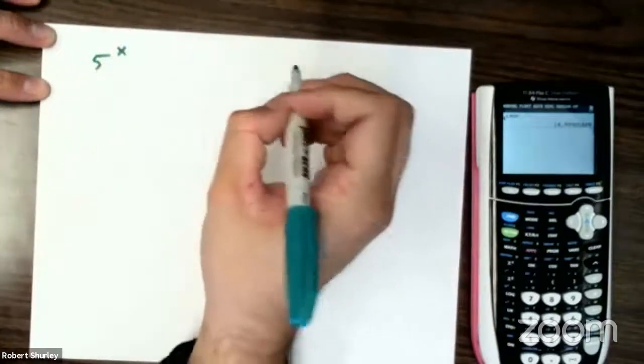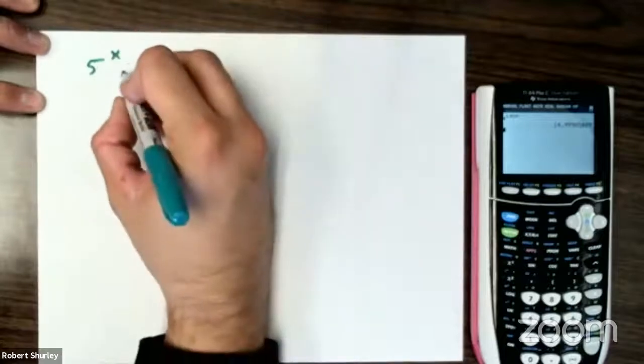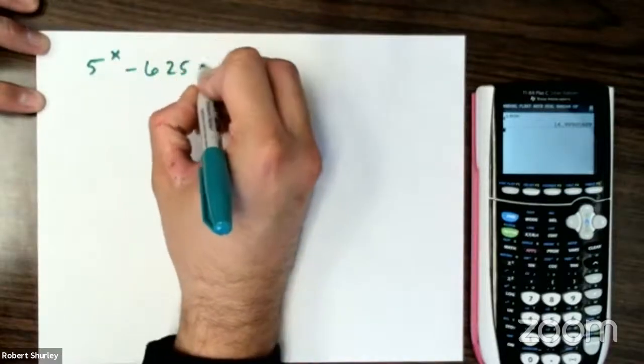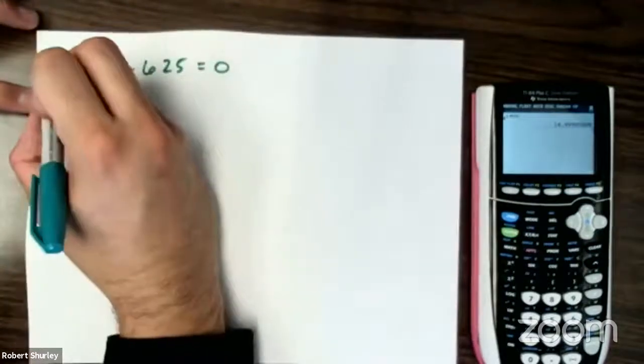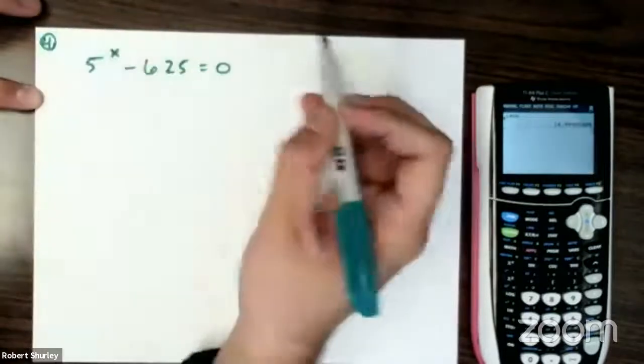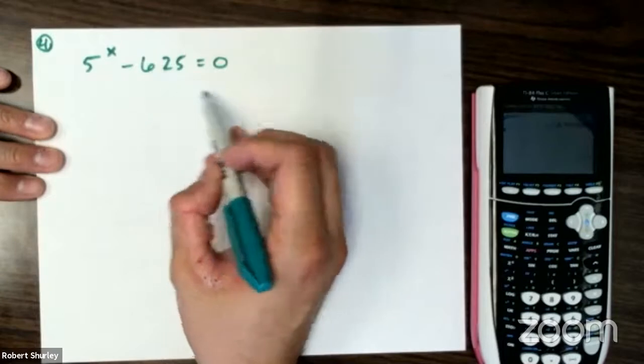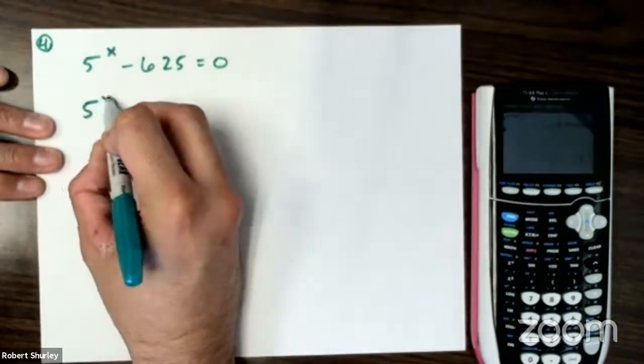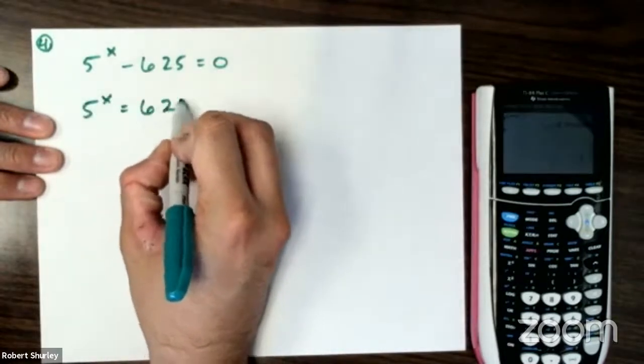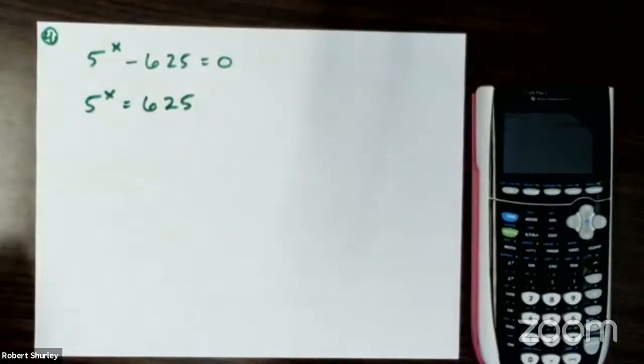Actually, I'm going to change it up a little bit: 5 to the x minus 625 equals 0. I want you to solve it the way we just did. The first thing I'm going to do is move this 625 over. Then solve it the way we just solved it. I'll give you just a minute, just so we can get this pattern down.